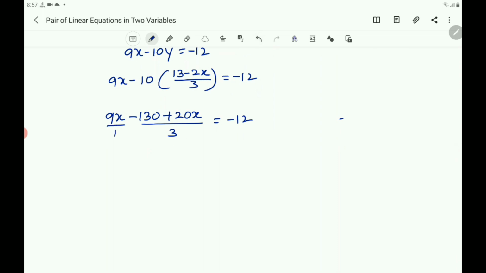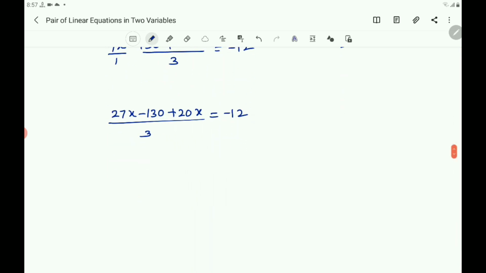Here there is 1. LCM of 1 and 3 is 3. Then 9x 3s are 27x, and 3 1s are 3. The numerator you write as it is, minus 130 plus 20x equals minus 12.